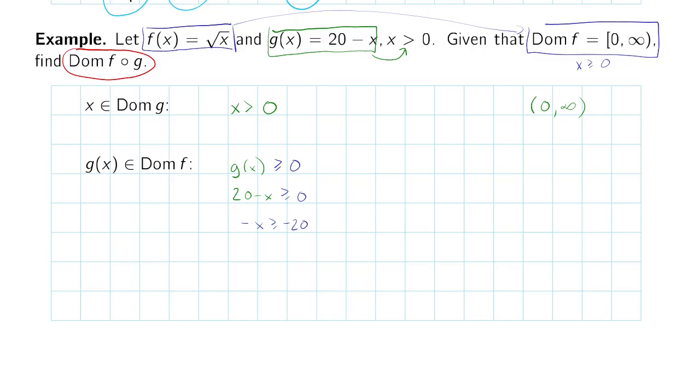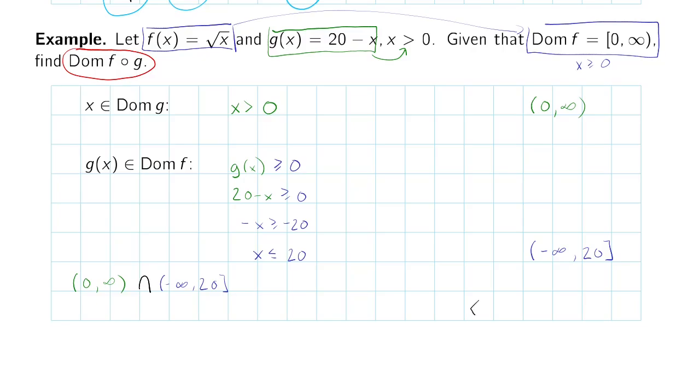We'll divide both sides by negative 1, x less than or equal to positive 20. And so the values of x, such that g of x is in the domain of f, are, let's see, that'll be negative infinity up to 20. So the domain of the composed function, right, that's 0 to infinity, intersect with negative infinity up to 20. This is why we talked about intersections of intervals earlier.